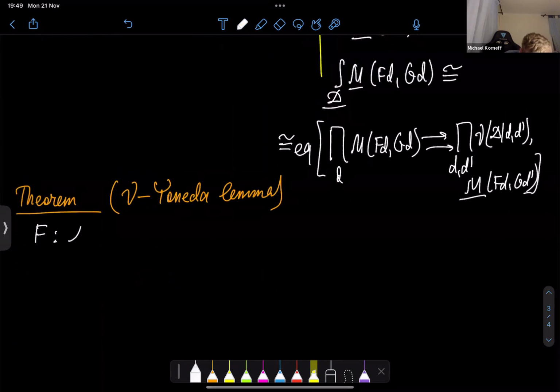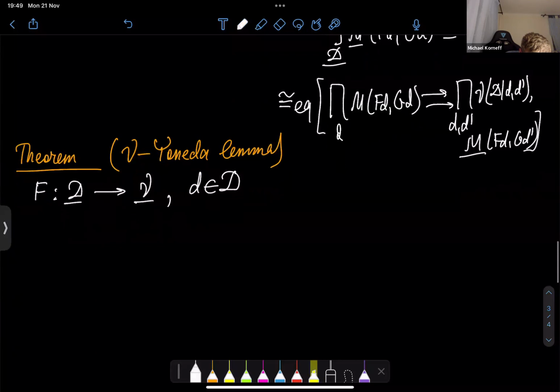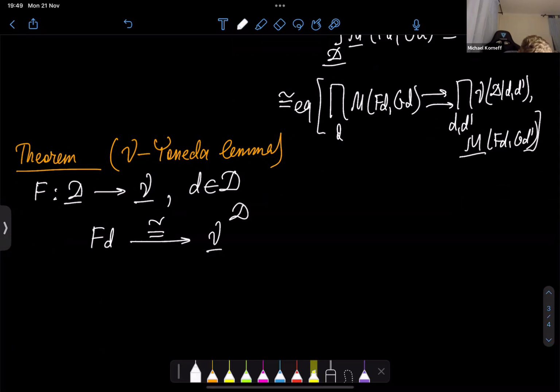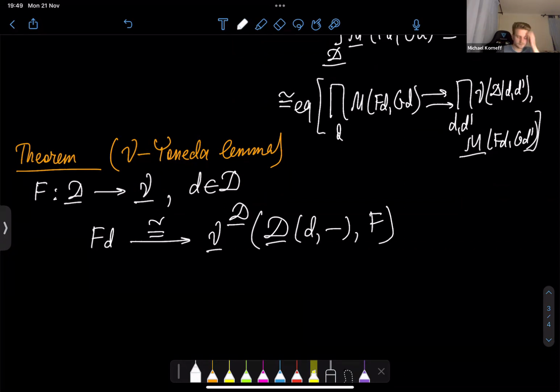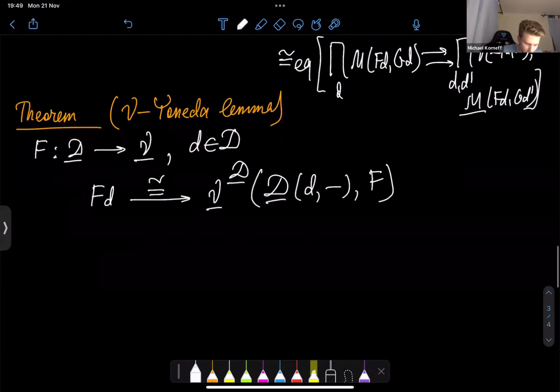For a functor f between the categories, and for any object d, we have the following isomorphism. This lemma can be derived from the definitions, of course.